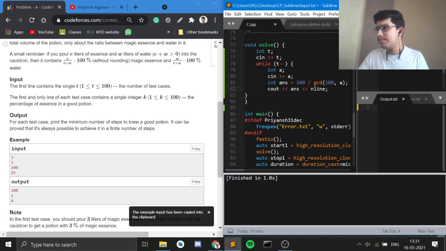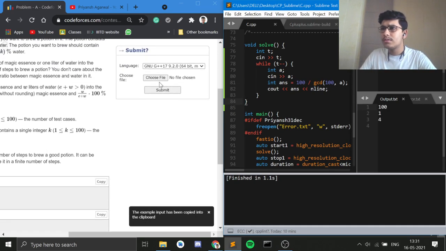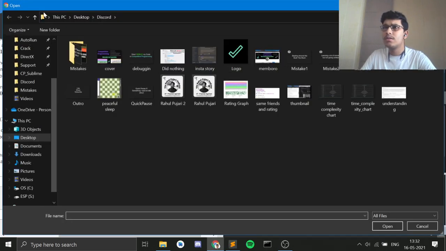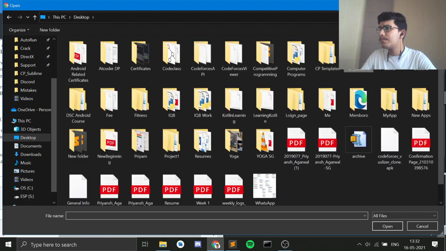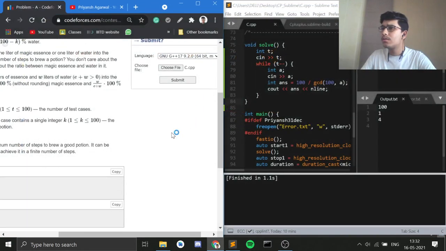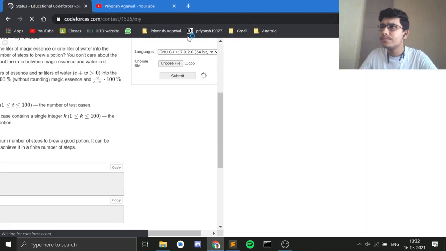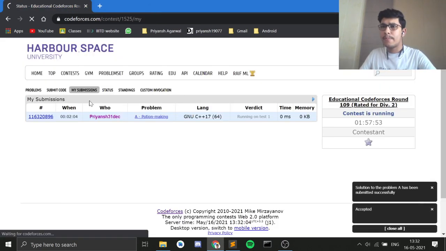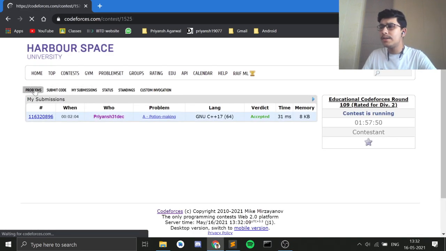Because that will be the minimum number of liters that we have to pour here. So this seems fine to me, and I'm submitting this one. Okay, c.cpp, right? And let me close this. Okay, great, it has got accepted.